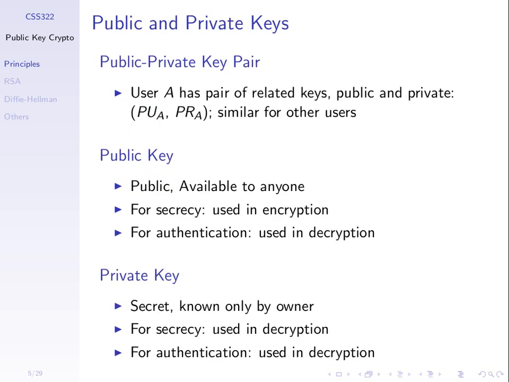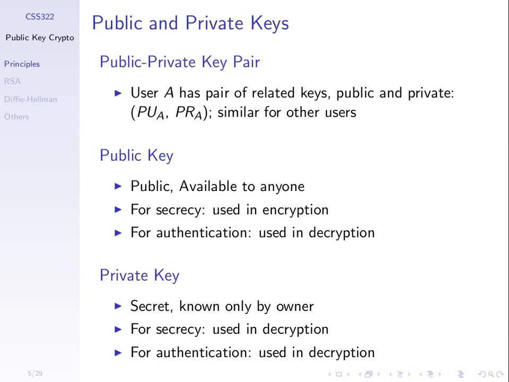So let's introduce the terminology. We talk now about a key pair, a public-private key pair. And we think each user in our system has a key pair, their own key pair. And the keys are called a public and private key. So we'll denote the public key of user A as PUA and the private key of user A as PRA, subscript A for the user.